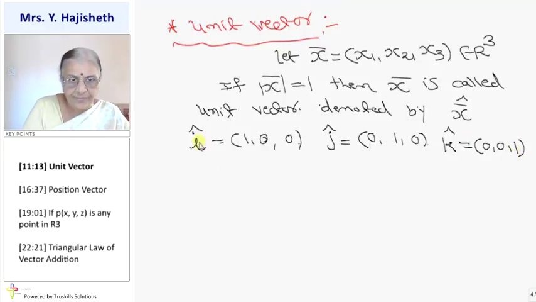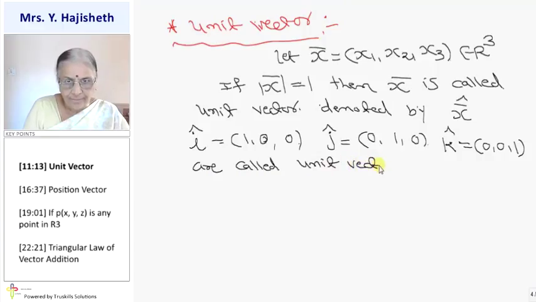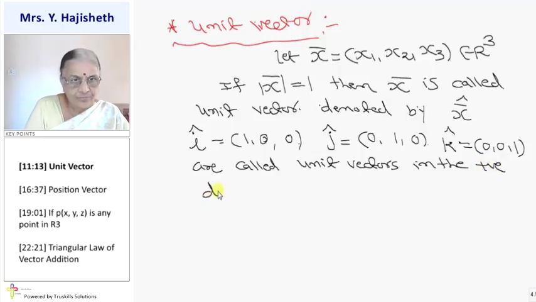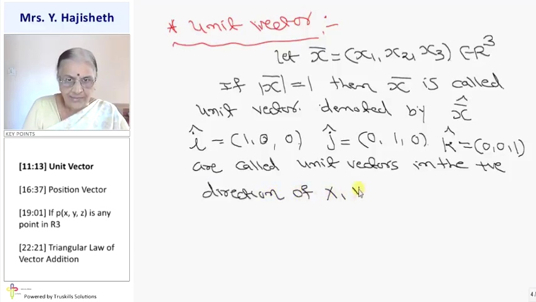These are called unit vectors in the positive direction of the x, y and z axes respectively, which in 11 science you have learned for R cube.